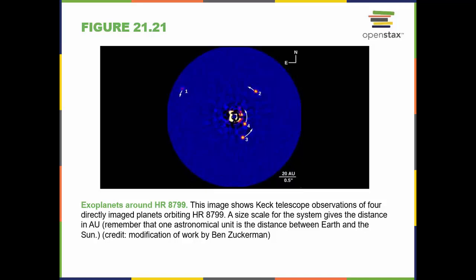Here we see exoplanets around HR 8799, and this image shows the Keck telescope's observations of 4 directly imaged planets orbiting HR 8799. A size scale for the system gives the distance in astronomical units.